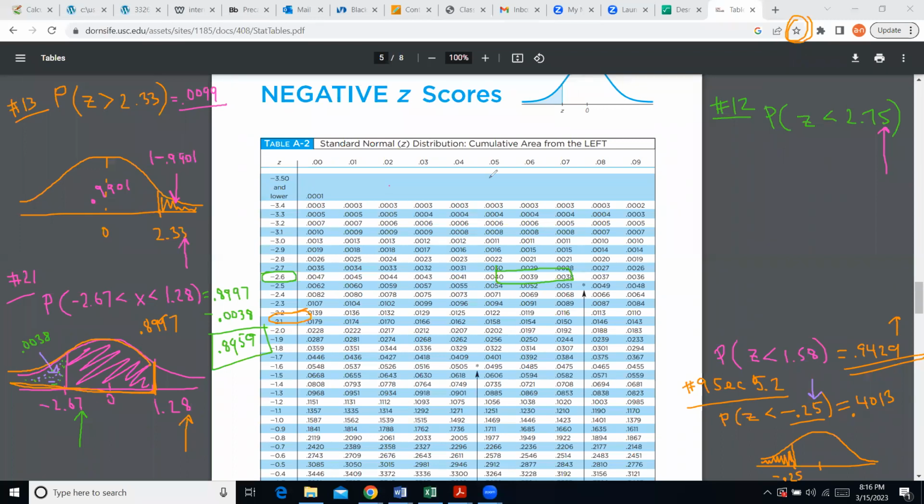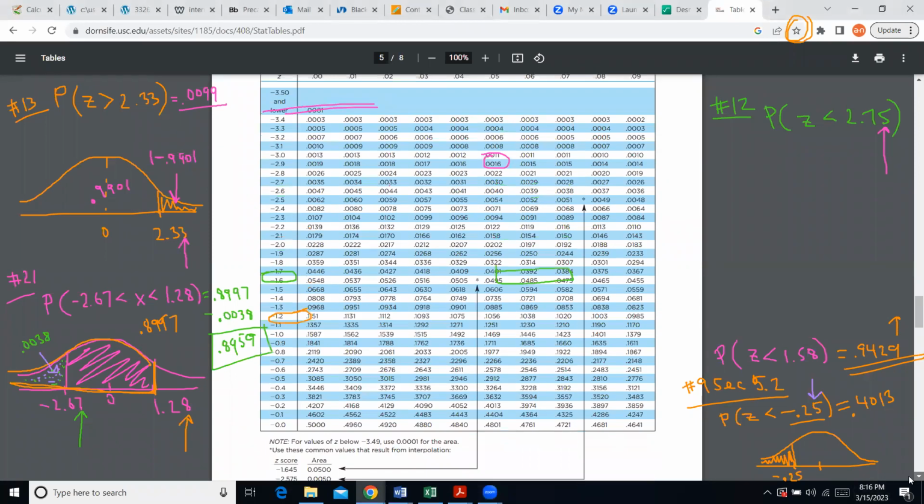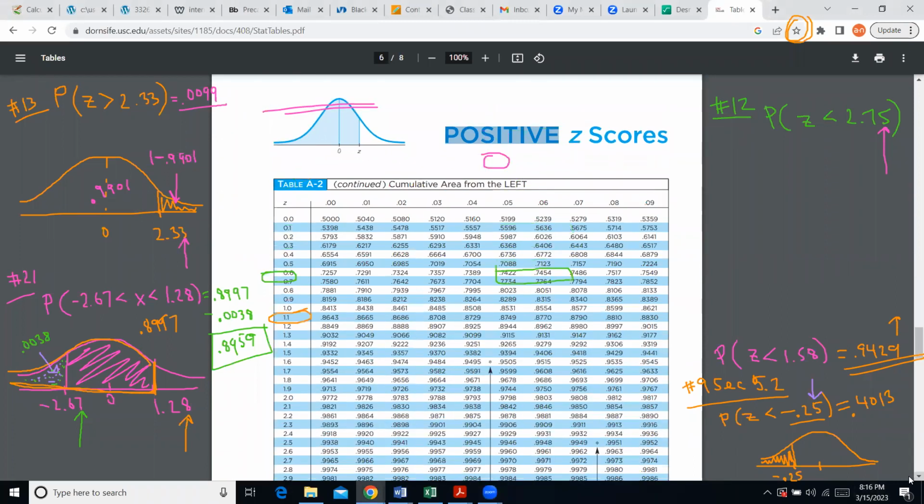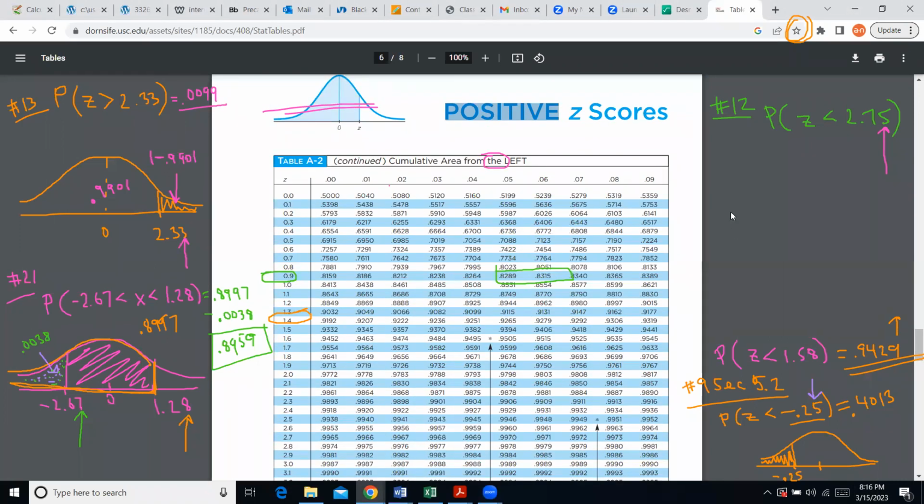So I found this 500s, 0.5, but these are negative z-scores. You have positive, so it's fine. I'm going to scroll down to the next page, and that's where positive z-scores are, right? So now we're in better shape.